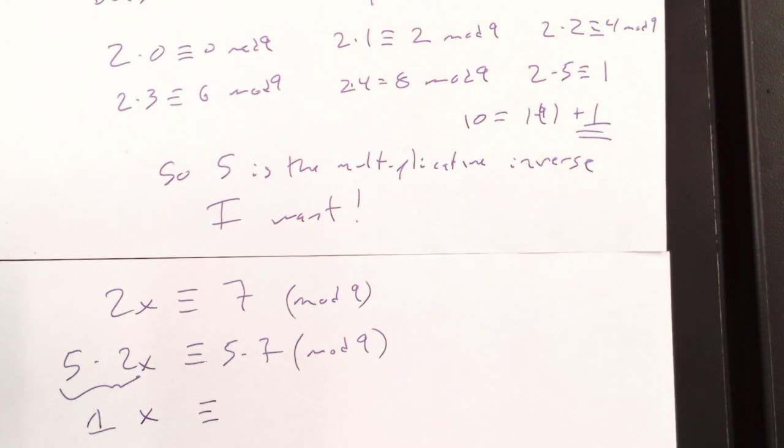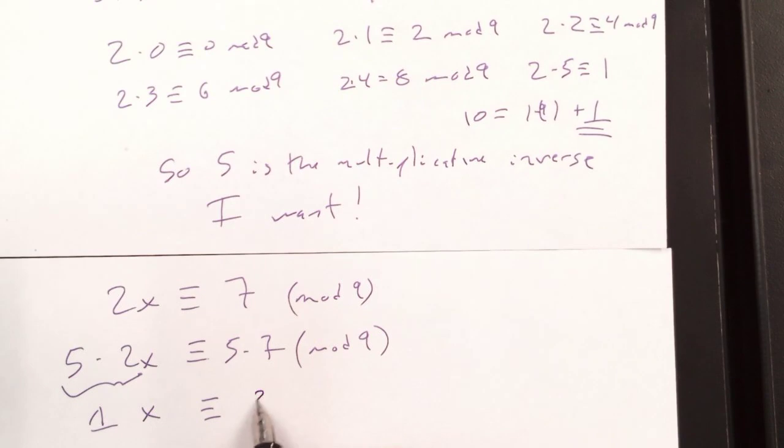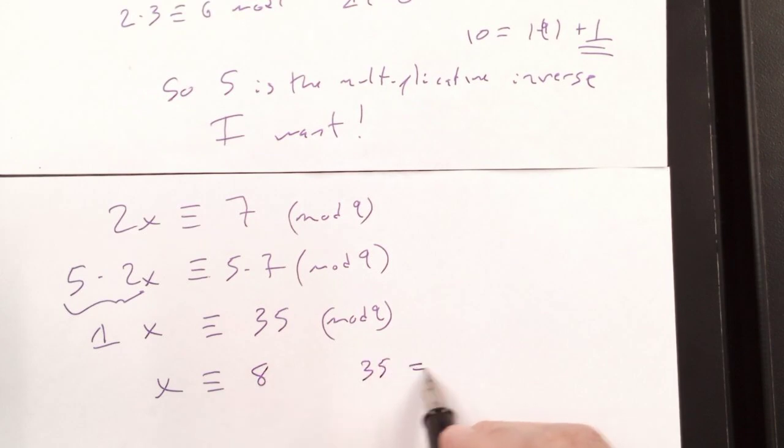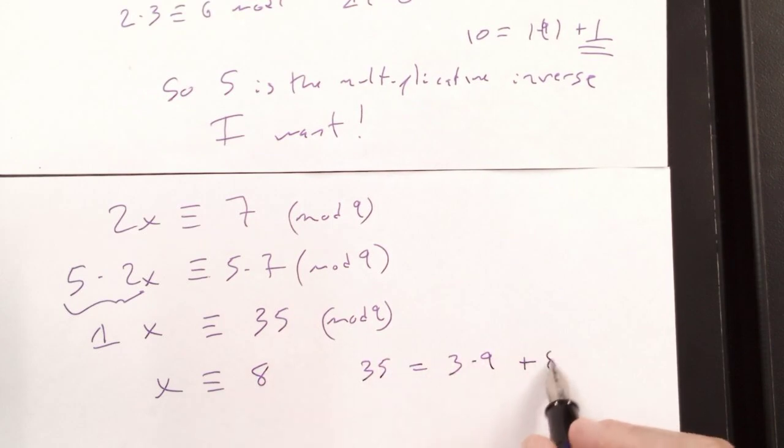On the right, five times 7. Well, what's 35 mod 9? You own a calculator. Don't just stare at the screen. Try and do it in your head. I claim that's the right thing.